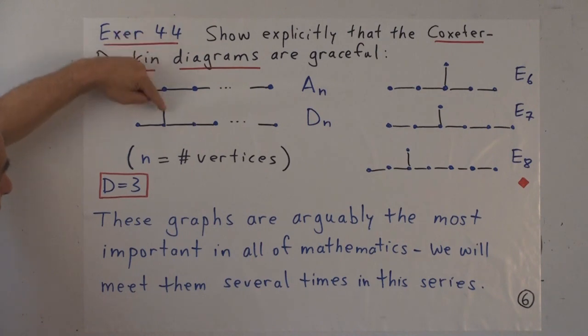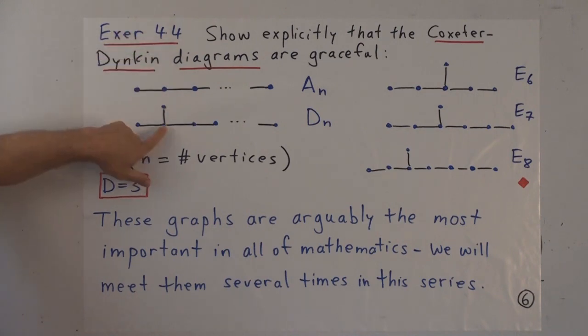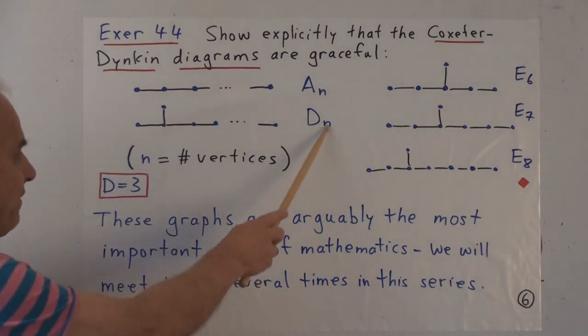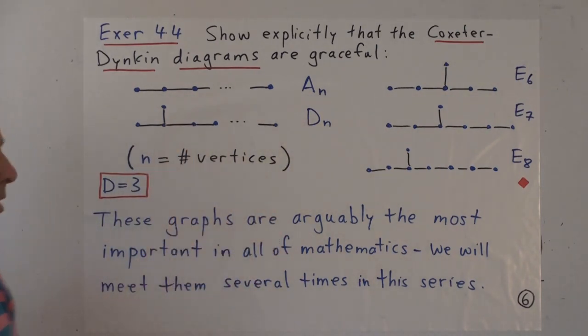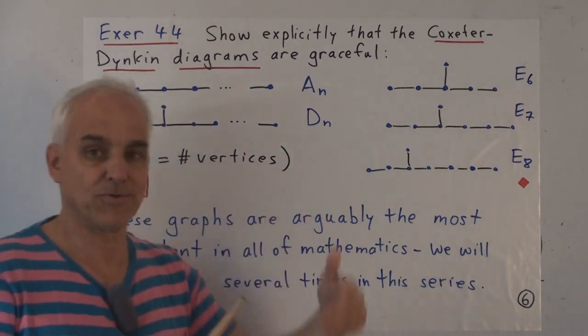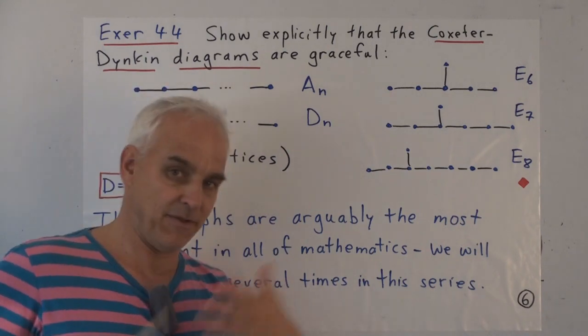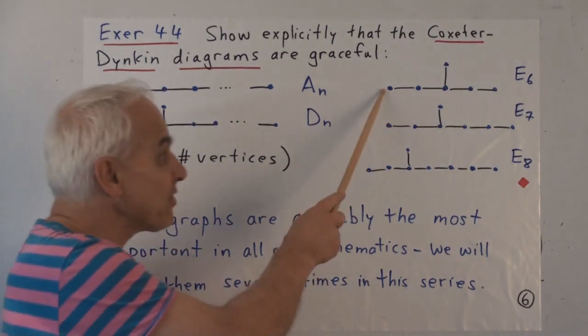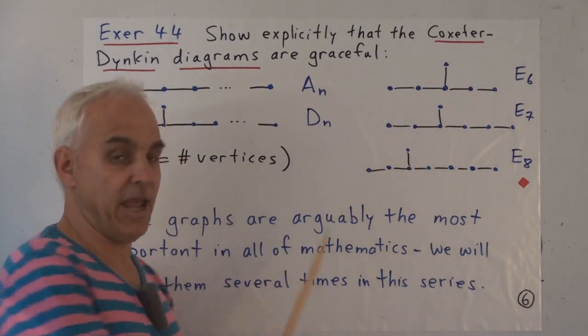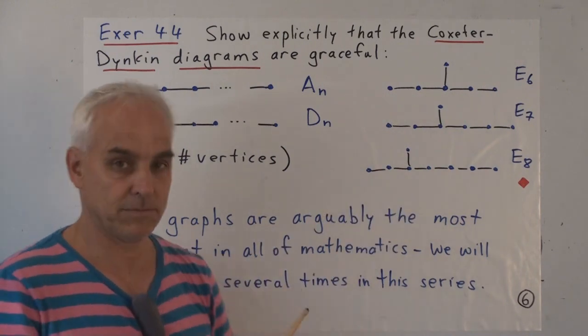From here we add one more vertex up, so that this vertex has degree 3 altogether, but otherwise it looks just like the AN graph. And again, N is the number of vertices. This is really only interesting if N is 4 or more. And then there are also three exceptional graphs in this family. The E6 graph, the E7 graph, the E8 graph. And there they are.